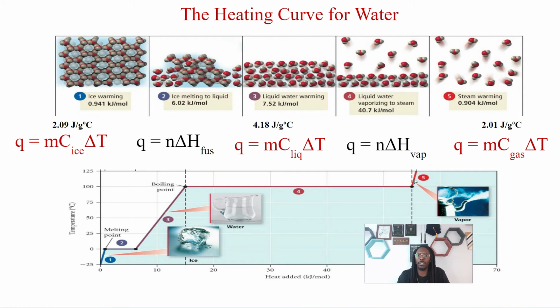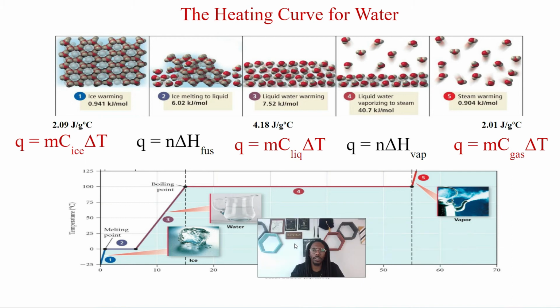Step 5, this is where now our steam will start to warm up. Okay, so now we're officially going to the next phase there, but we're going to stop here. We can see at the different points what's happening: a lot of energy to convert that to the gas, not as much energy down here.